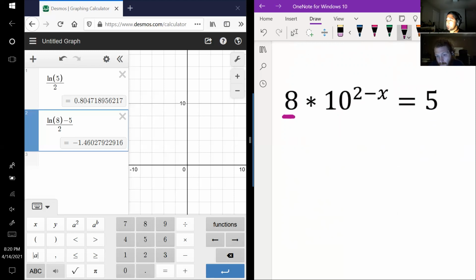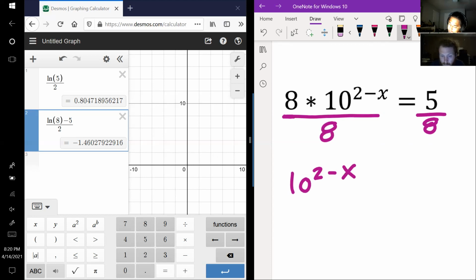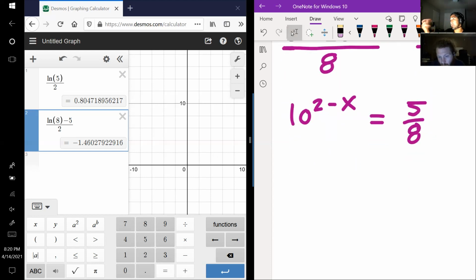So what we're going to do is divide by 8, which will give us 10 to the 2 minus x equals 5/8. Now we have the exponential function isolated, so we can convert from exponential to log.